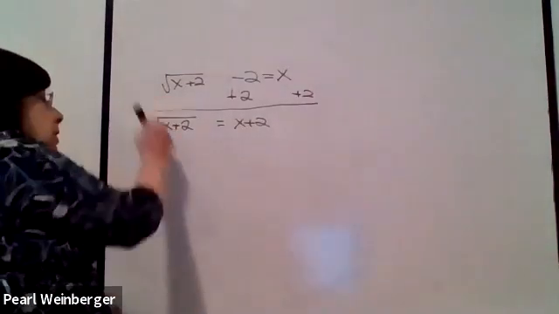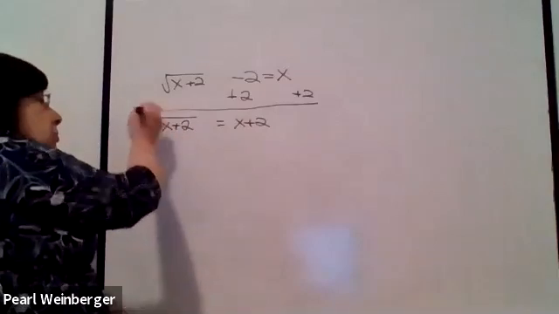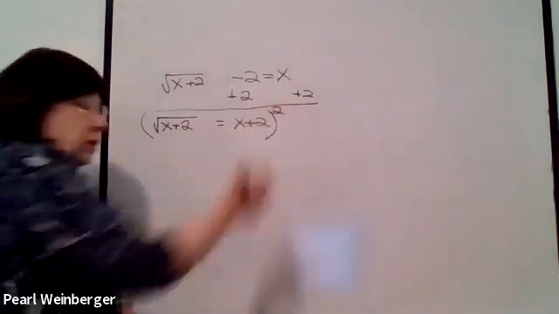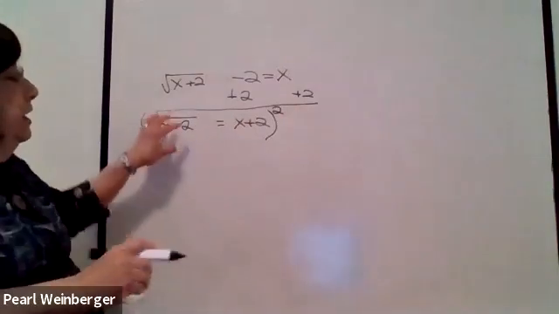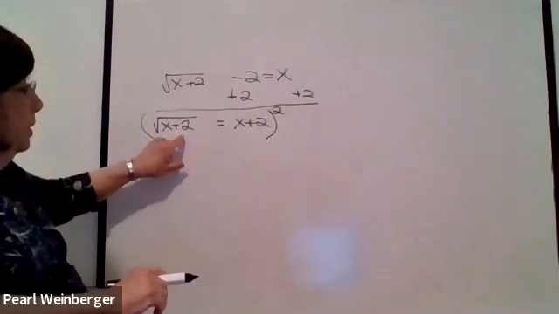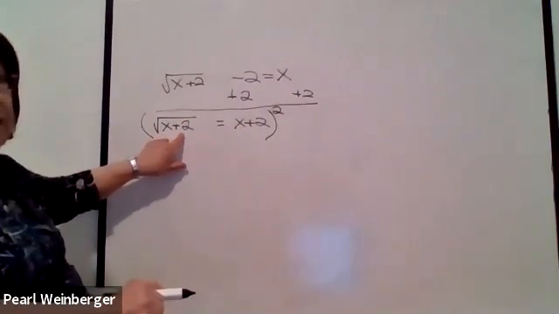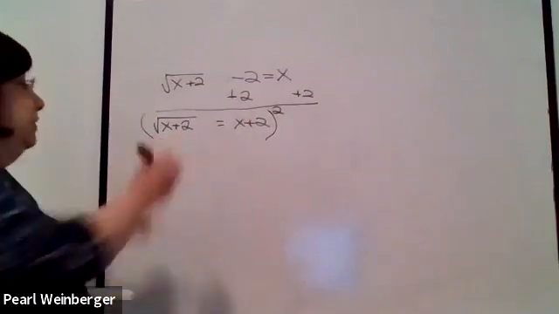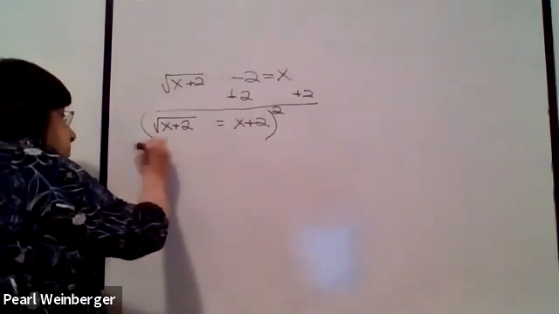We're going to want to get rid of the radical, and we're going to do that by squaring both sides, taking each side and multiplying it by itself. Now, when I multiply the square root of x plus 2 by itself, that's just going to give me x plus 2.